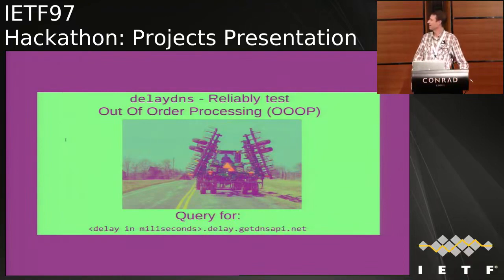You can ask for a 1000 millisecond delay, get Danish API.net, and it will take 1 second before you get a result. So you can test if your resolver can process out of order. You can also inject other queries to your resolver and see if they arrive earlier than the 1 second delayed answer. This concludes our results for this weekend.